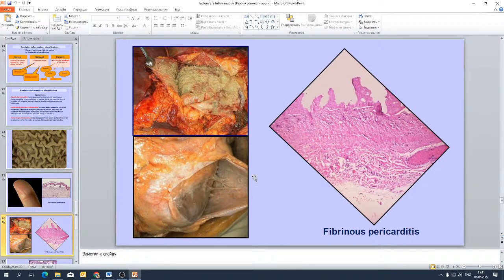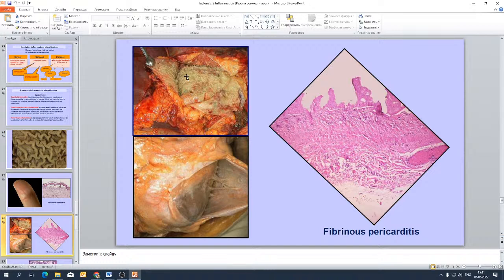Next picture, fibrinous pericarditis. Here you look at the heart, and you see fibrin present, with synechiae. In future, outcomes are not favorable.